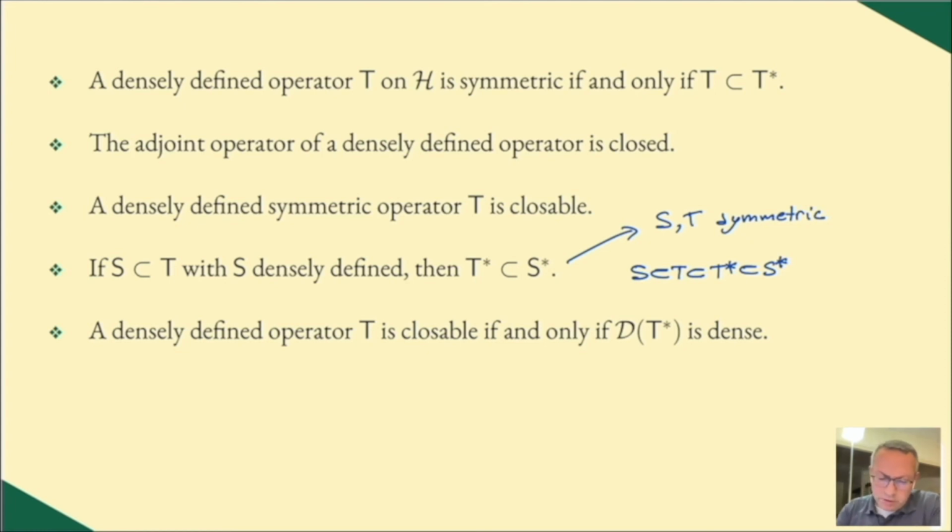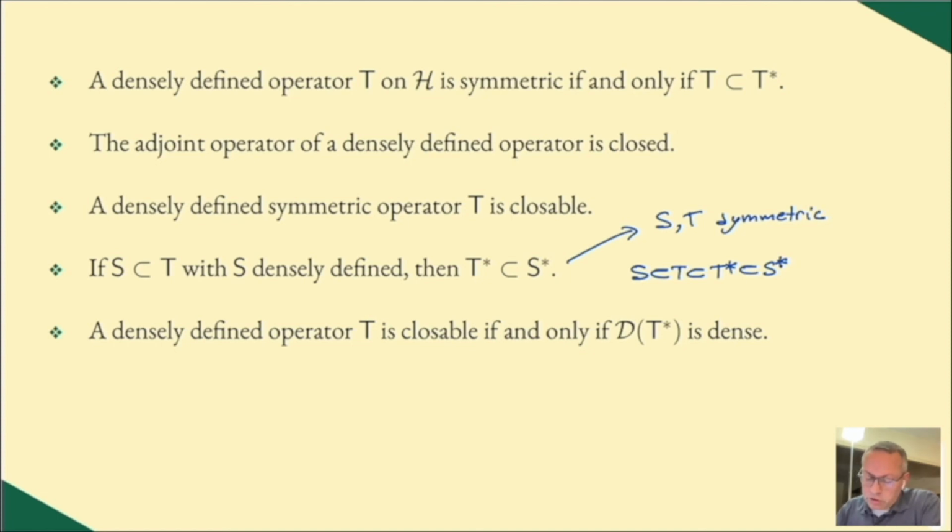A last point, you can see it as a kind of theorem, which says that a densely defined operator is closable if and only if the domain of the adjoint is dense. It's not very difficult to prove. Actually, one direction is very easy. For the other direction, you need to look at the graph and consider some operation I've not introduced on the graph, so you can just take it for granted.